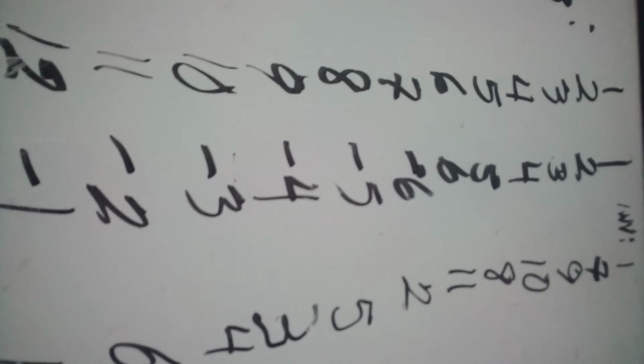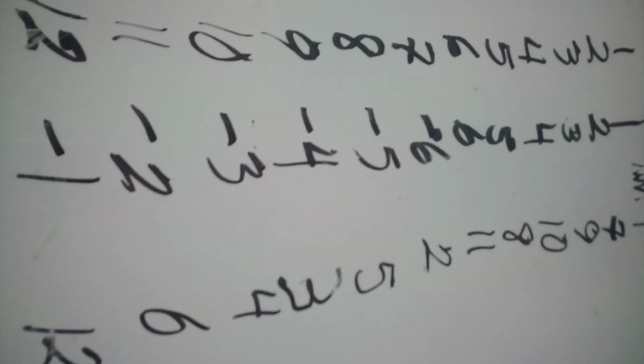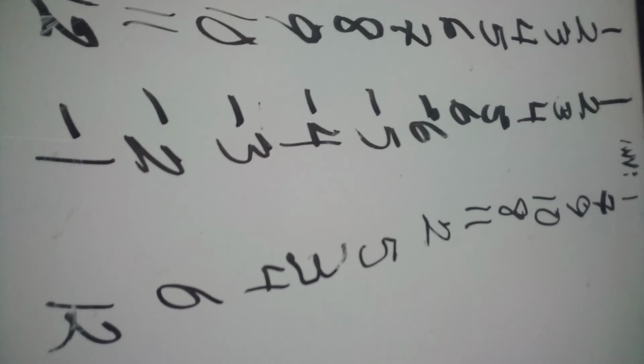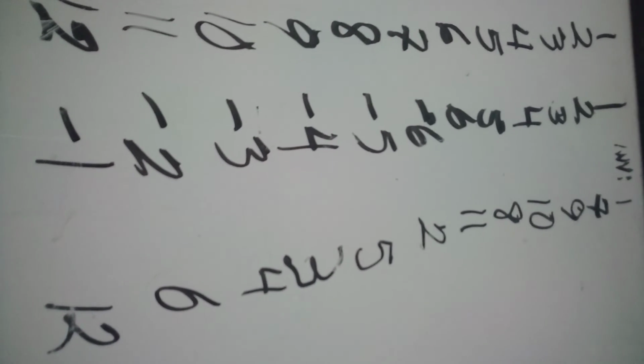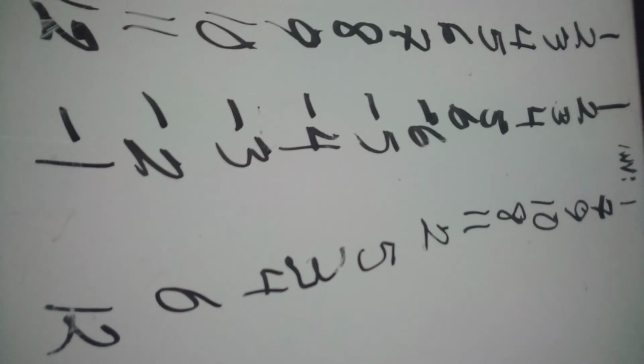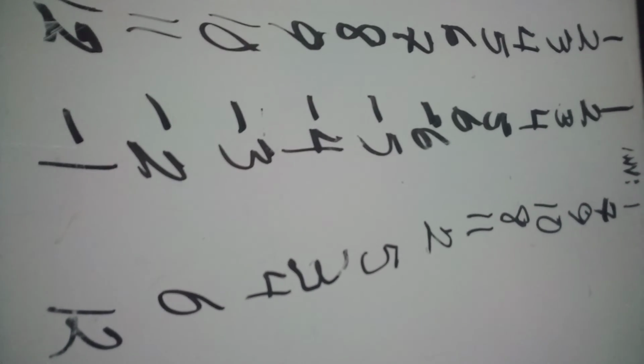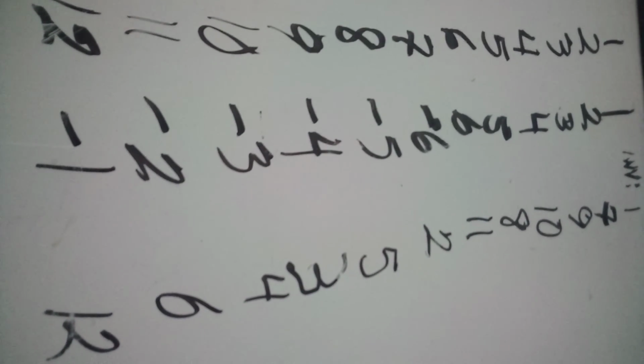In modular systems, each residue class always has an inverse if the modulus is a prime number. In this case, 13 is a prime number, so yes, every number has its inverse. That is not true in the case of a modulus that is a composite number, not a prime.